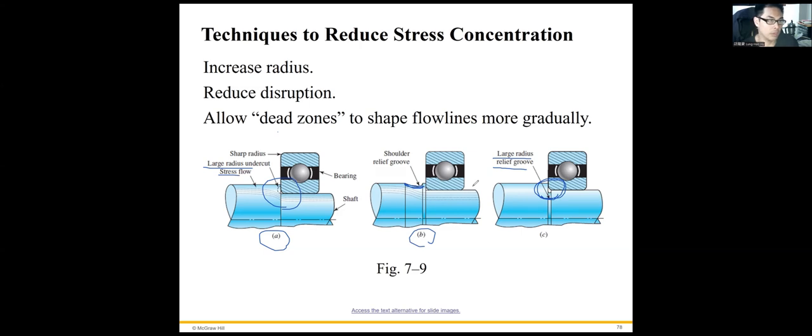The rule of thumb is increasing the radius and reducing the disruption. Also, it allows the dead zone to shape the flow lines more gradually. So this flow line, the stress will be like this.